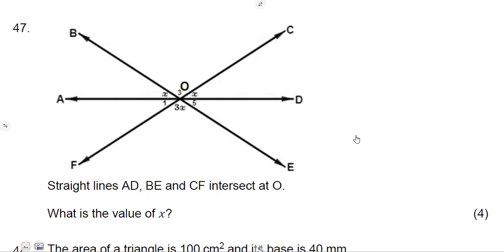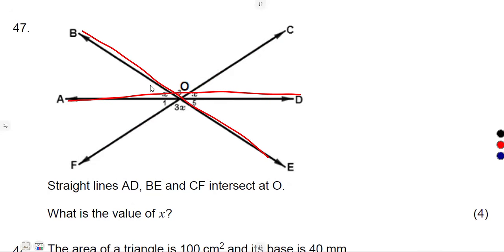Then if we are to consider another part, which is now question 47, we have got straight lines, A to D, then B to E, it's a straight line. C to F is also a straight line which intersect at O. So there we can see vertically opposite angles, guys, are formed.